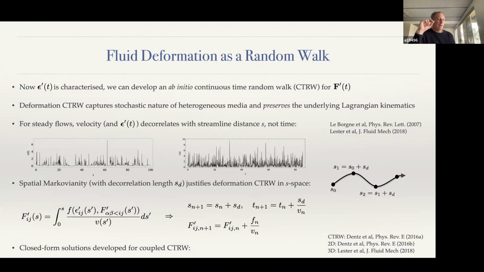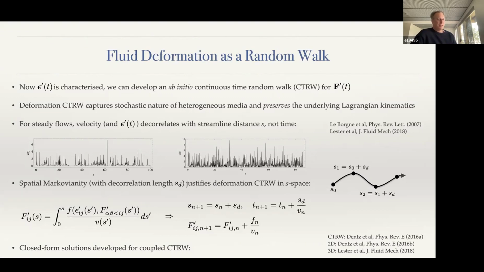However, when you build a random walk with respect to streamline distance S, we find that in fact the system is truly Markovian and so fulfills the requirements for a continuous time random walk. So this spatial Markovianity justifies building a deformation CTRW in S space, in streamline distance space.